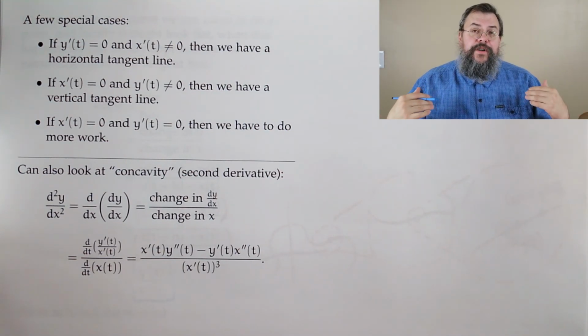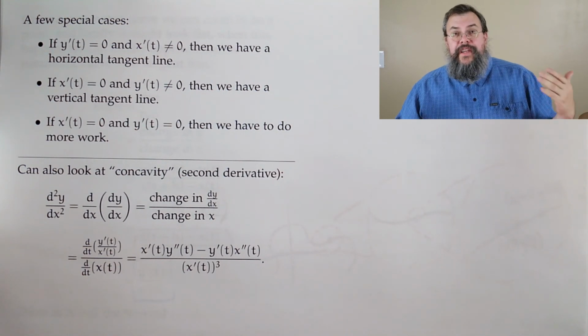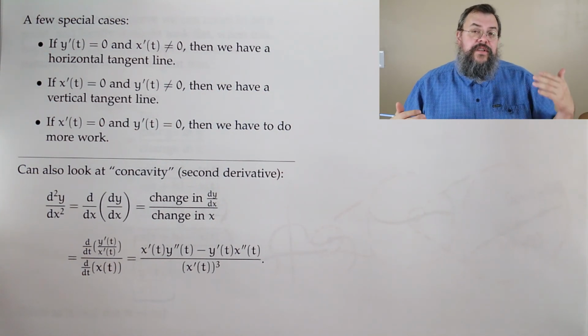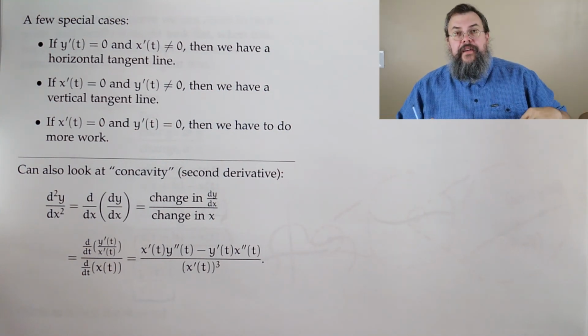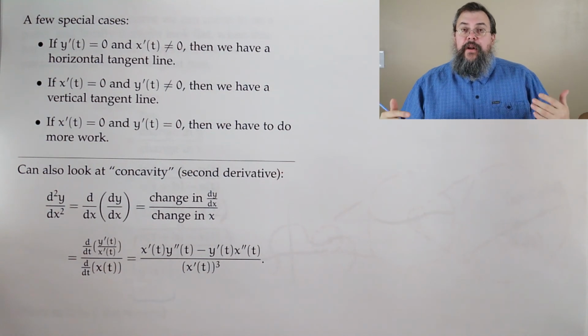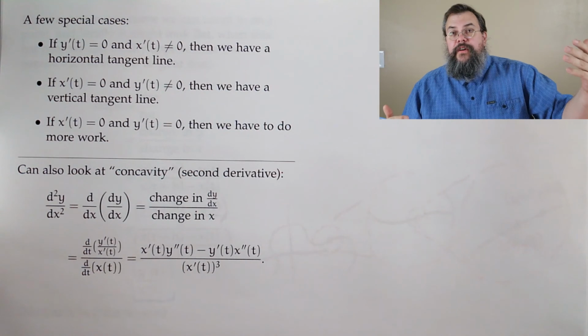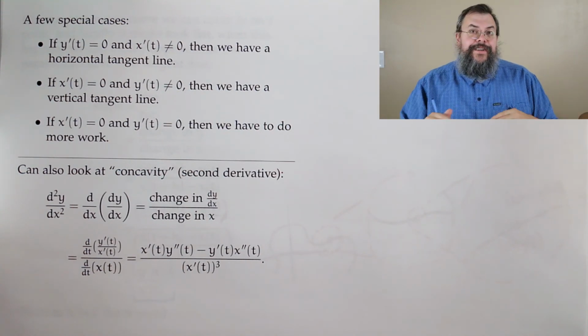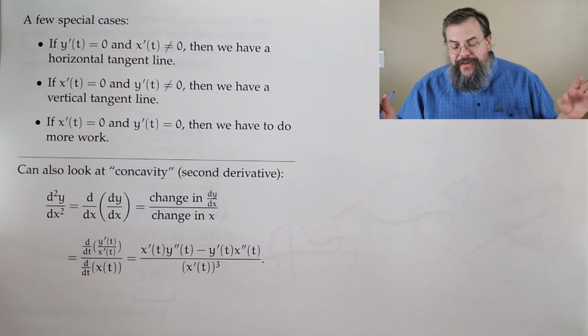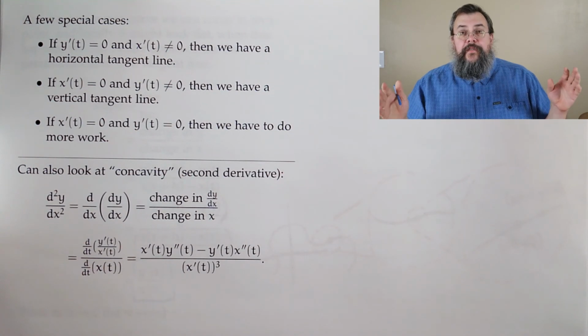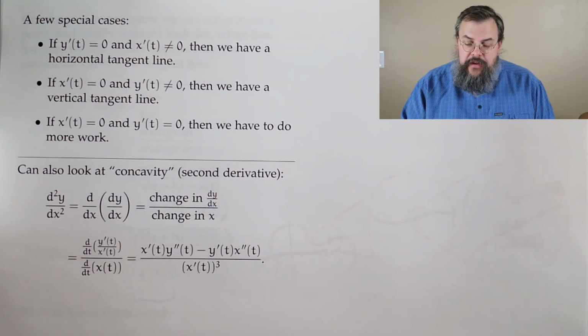Now, if you think about the first derivative, you say, hey, first derivative is super easy because you just say derivative of y over derivative of x, and we're done. So you might think, well, second derivative, isn't that just take two derivatives of y over two derivatives of x? No, that wouldn't work. In fact, you can convince yourself it wouldn't work pretty easily.